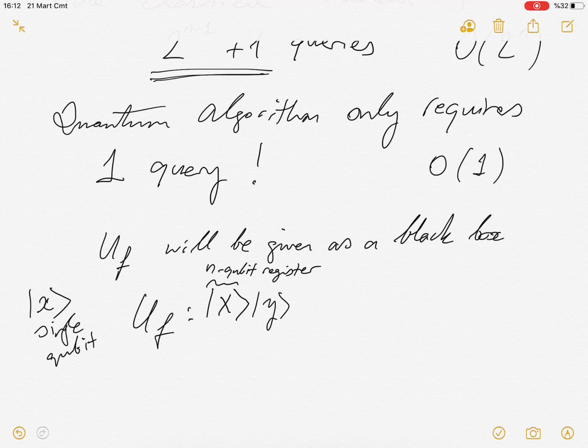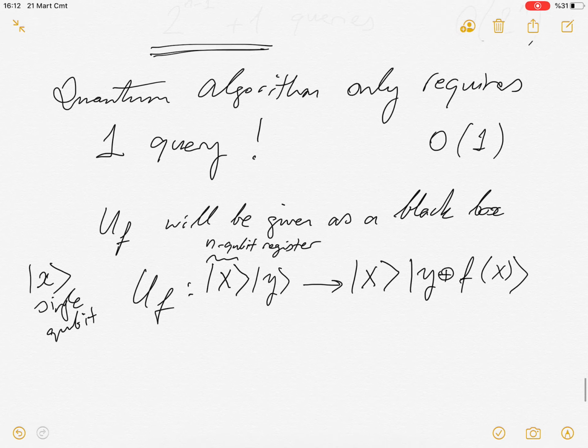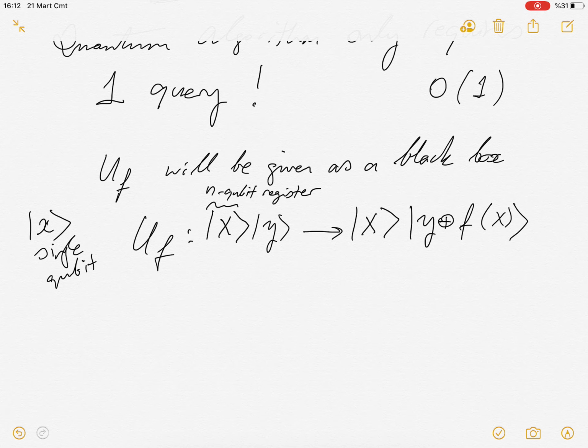This maps to: x remains the same, and the second qubit maps to y XOR f(bold x). So Uf is controlled by a register of n qubits in state bold x, an n-qubit register.